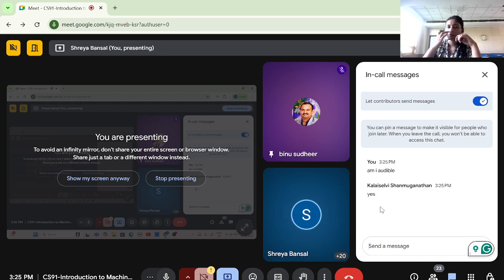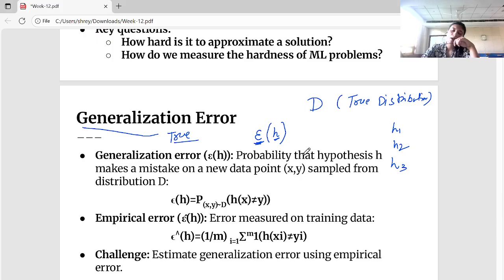Okay, thank you. So let's start again. I was talking about the theoretical bounds here. Especially in computer science, we formulate the hardness or the complexity of algorithms or problems by how hard it is to approximate the solution.